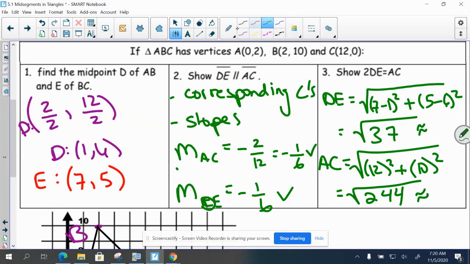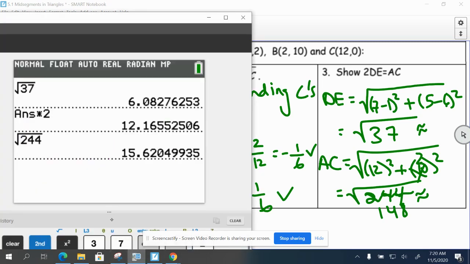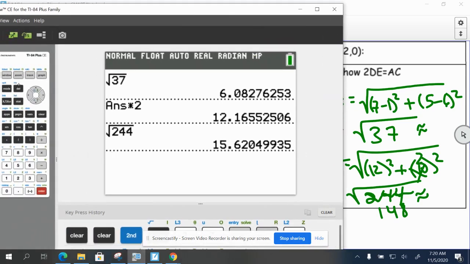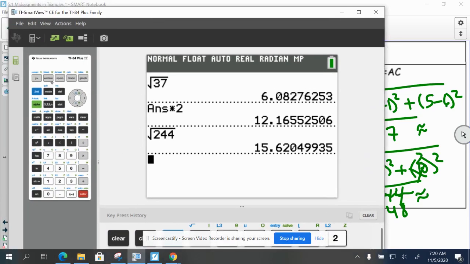All right, you guys, sorry, I had to restart the video to figure out where I messed up. So apparently this is supposed to be not 10, but 2, because it's 0 minus 2. Okay, so that makes a little bit more sense. So 144 plus 4 is 148. So you take your calculator and you do 2 times the square root of 37, and then you would do the square root of 148.